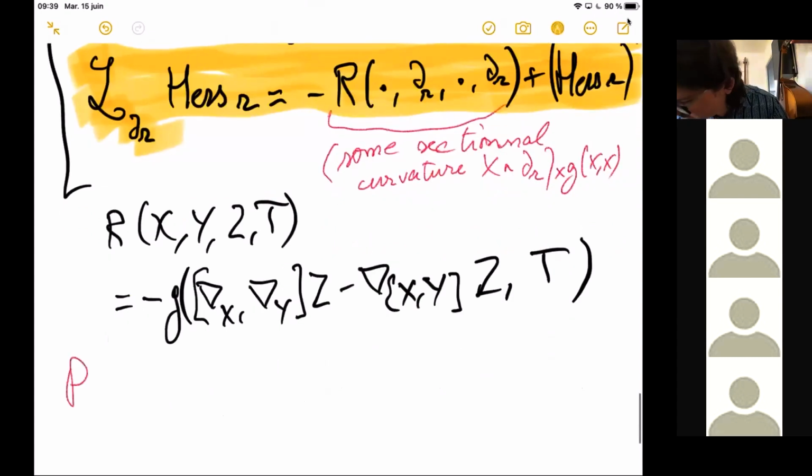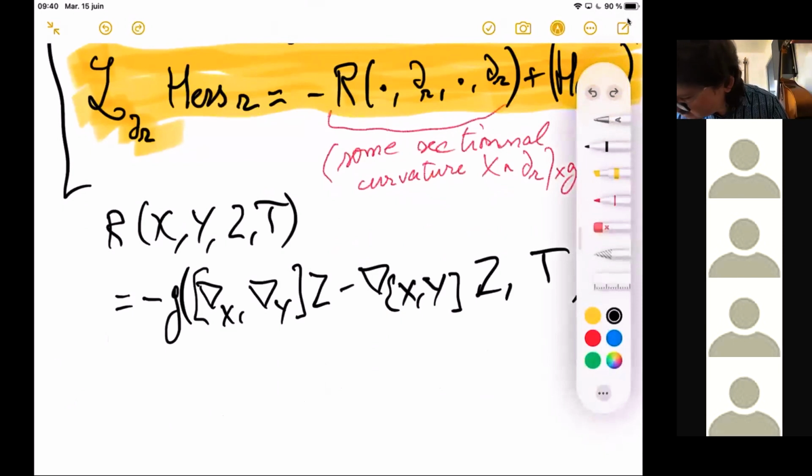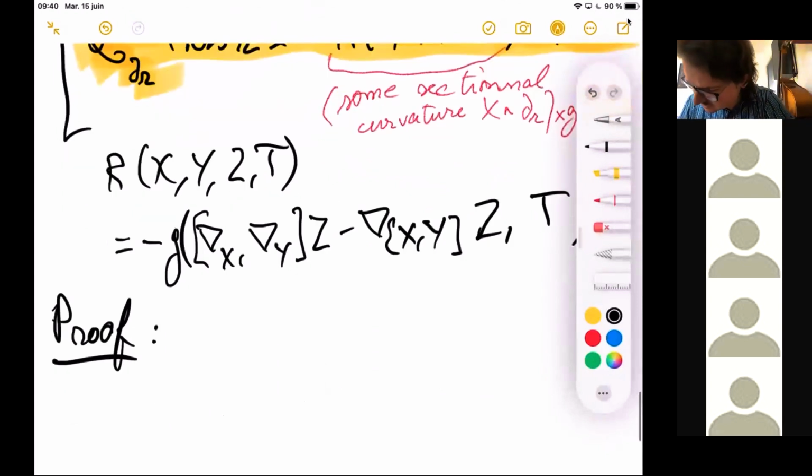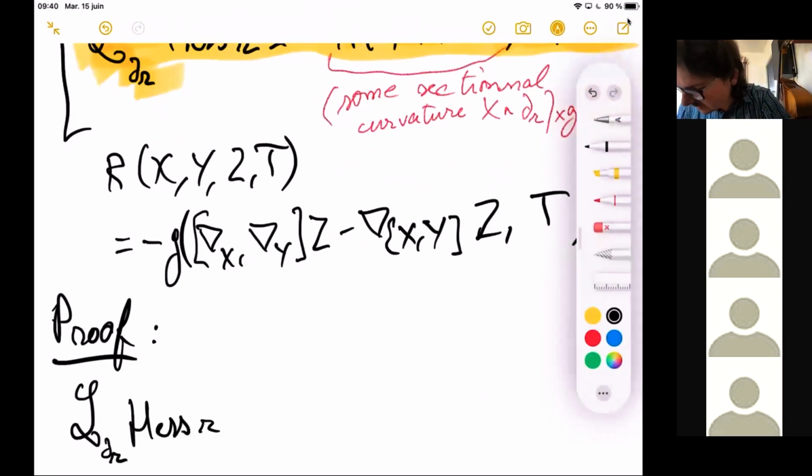The proof is just a computation, but if you've never seen it, maybe it's a good idea to do that. Okay. So I take x to be any vector field, and you want to differentiate this in the direction of x.